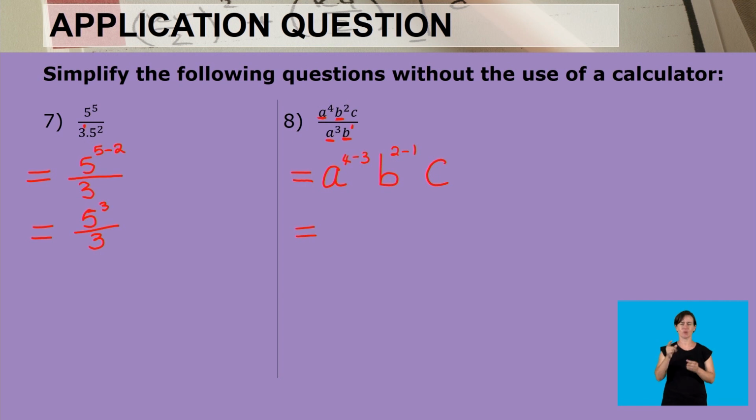So how are we going to calculate that? That is a exponent 4 minus 3, that is going to be a exponent 1. And then we have b exponent 2 minus 1, that is going to be exponent 1. And then lastly, we have that c there. We also know it is an exponent 1. So what is our actual final answer? That is a multiplied by b, and that is multiplied by our c.